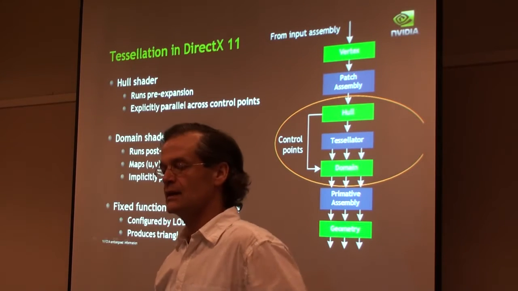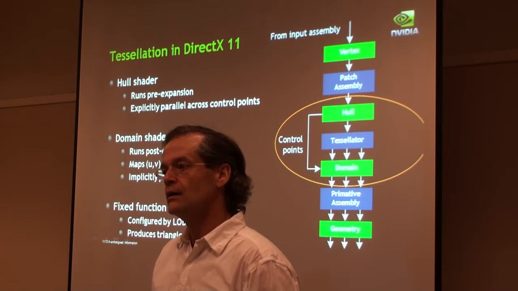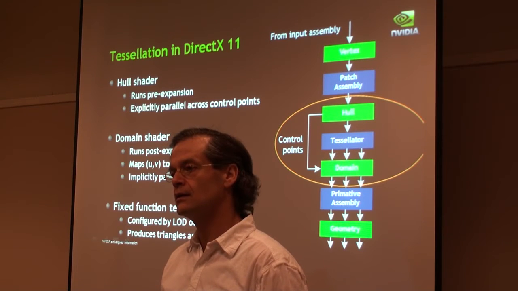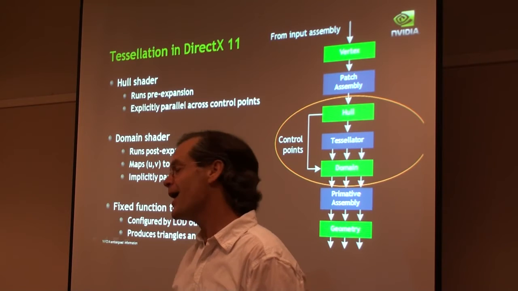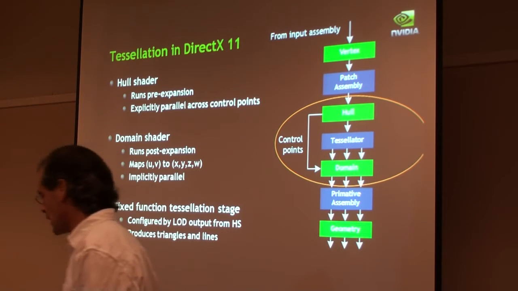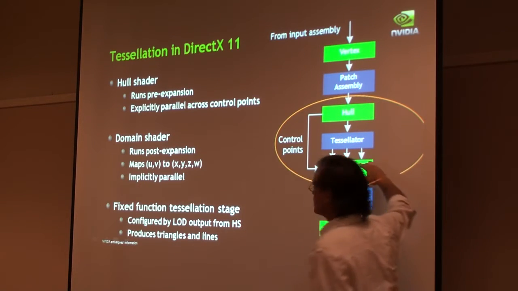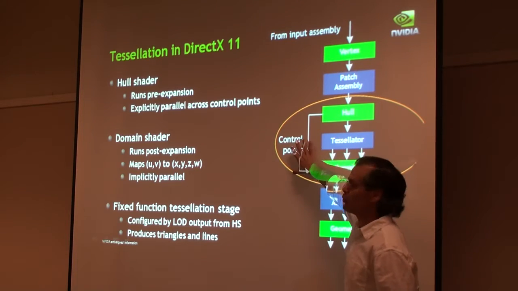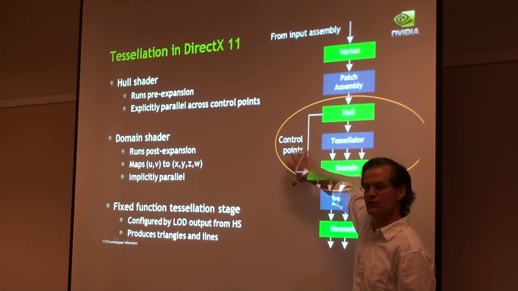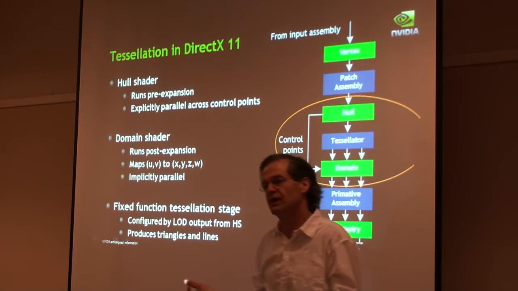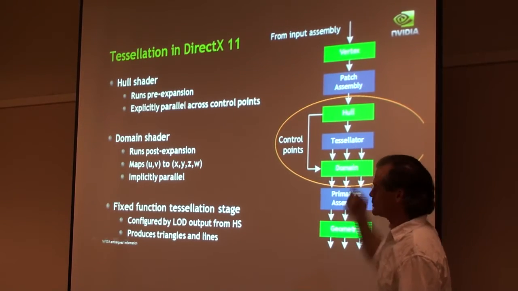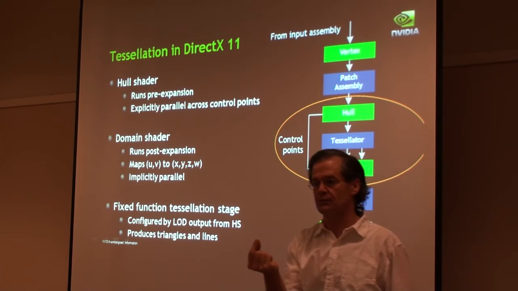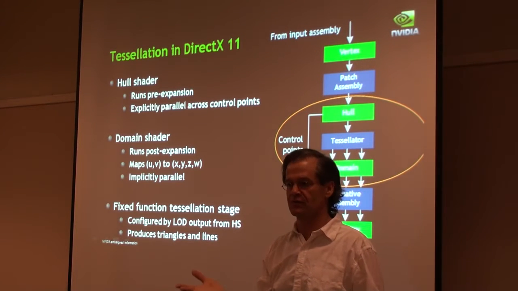Domain shader, I mentioned that the domain shader evaluates the points on the surface. Evaluates it in what way? I don't understand. It's a great question. So the input to the domain shader is the control points, the things that describe this surface. It's a representation that's easy to evaluate. But the other inputs to the domain shader: each thread gets parametric coordinates of the point on the surface.